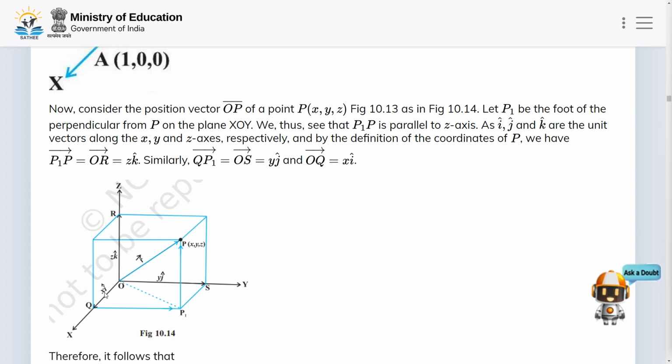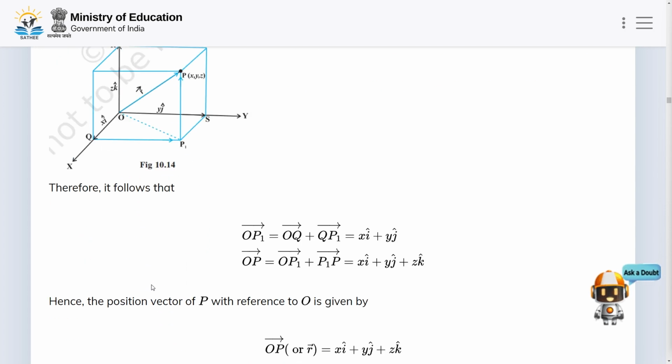So where is your Q? Q is this. So vector QP1 is the same as vector OS. This means y times j hat, and OQ will be the same as P1S. This means you will have x times i hat.